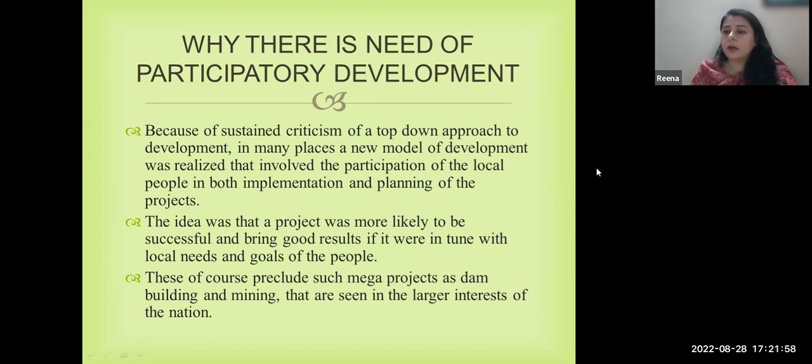All those environmental impacts of development activities can be controlled only through participatory development, when everyone joins hands, when people who are living in that ecosystem get together with local bodies, environment professionals, environmentalists and NGOs working in that area, and move away from the top-down approach to development and involve participation by the local people in both implementation and planning of the projects.